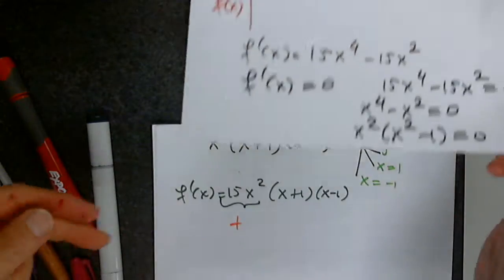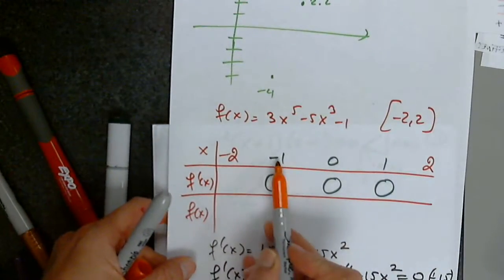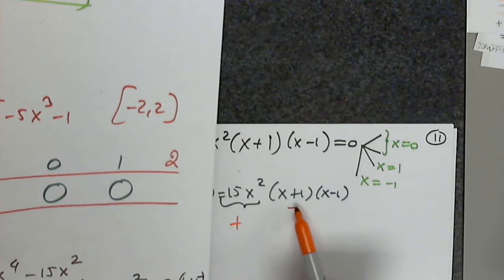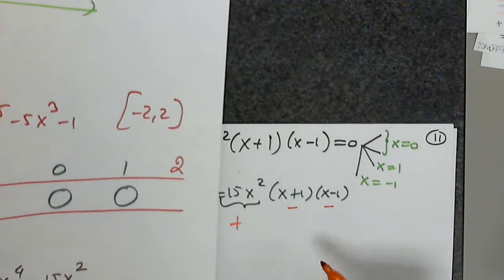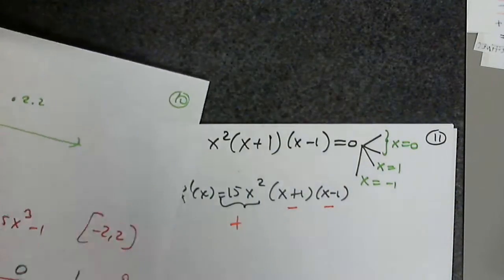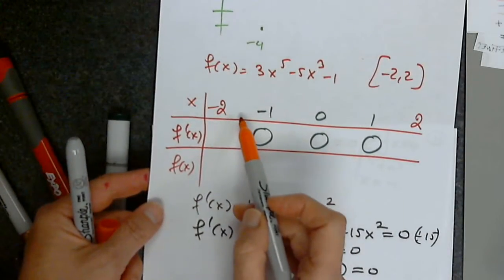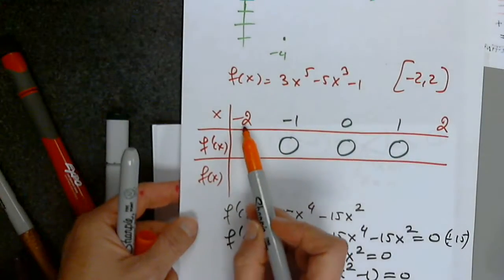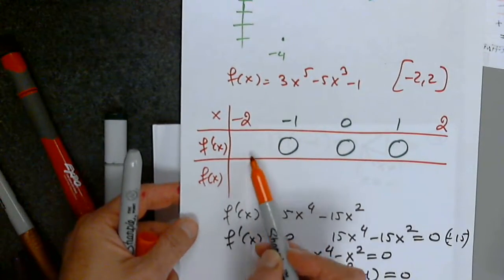Okay. So now, between -2 and -1, this will be a negative number, as well as this will be a negative number. So, because let's plug in -1.5. Negative, negative. So what will be the sign between -2 and -1 for the derivative?